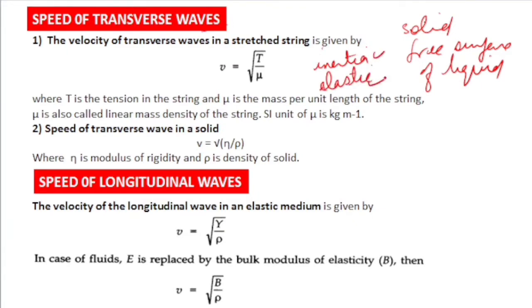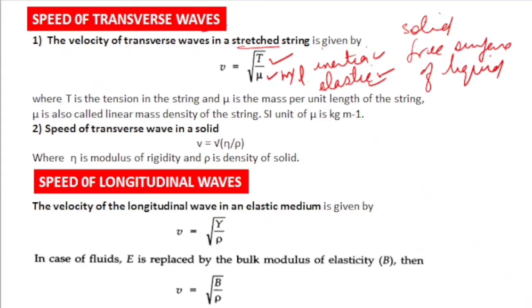These two factors are responsible for the travel of the wave. In the case of a stressed string, the tension T in the string measures elasticity, and mu, the mass per unit length, provides inertia in the string so that it can store kinetic energy.